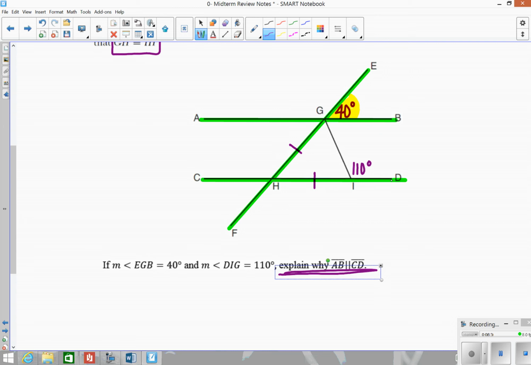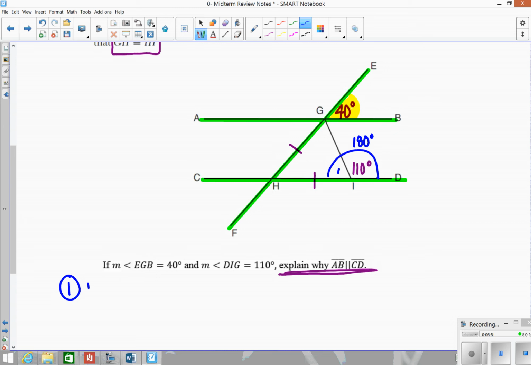So as soon as I see 110, I know that I can find this angle here, because these two angles form a straight line, so they have to be supplementary. I'm going to number my steps, because we have to explain, so we have to make sure we don't leave anything out. So I can say, let's call this angle 1, so we don't have to use 3 letters.